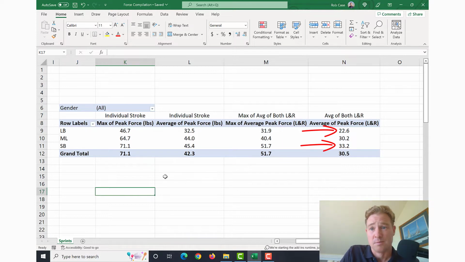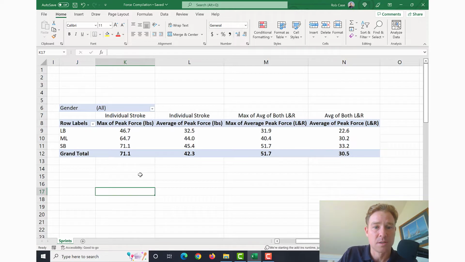Now that I'm much further down the line, I see that the data matches with that. It still matches with that. When we look at the max of the peak forces, so the individual stroke maxes, a longboard maxes out at 46.7 pounds, mid-length 64.7 pounds, and a shortboard, the absolute max is 71.1 pounds, the max of everything.